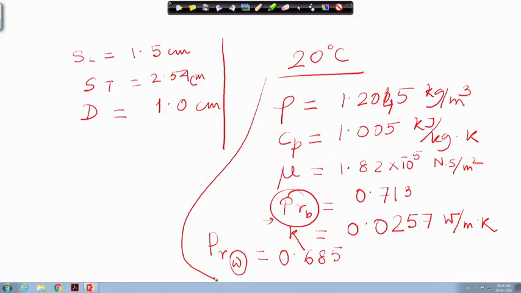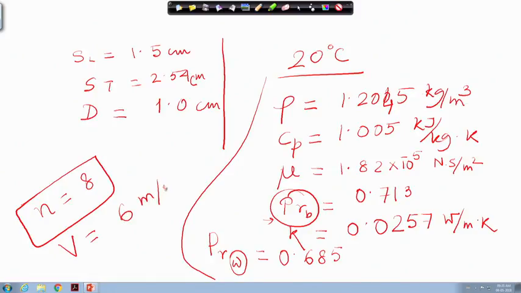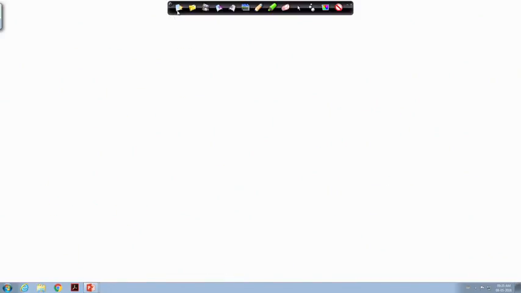These are the values. We know the number of rows is 8 and the velocity V is equal to 6 meter per second. With this information, now we try to calculate the different parameters.